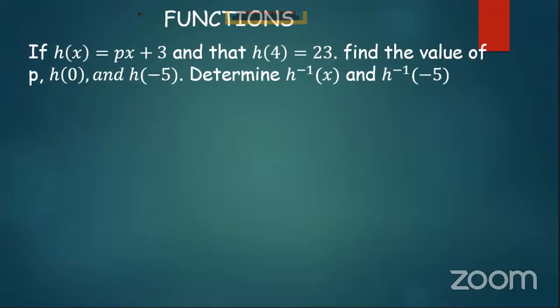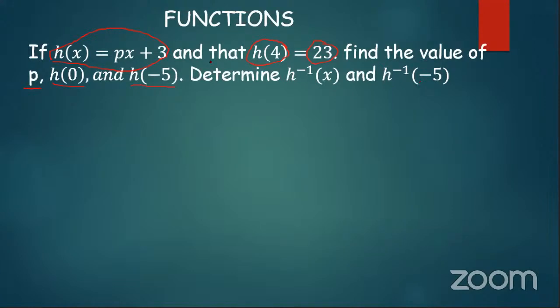If h of x is equal to p plus x, this is the function that we have, and h of 4 is equal to 23, we find the values of p, h of 0, and h of negative 5. We shall come to these later.